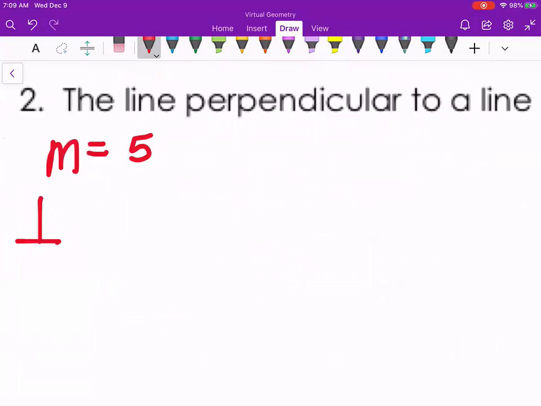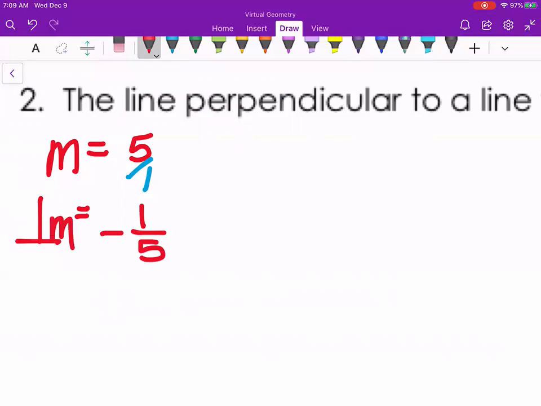Remember, the perpendicular symbol is an upside down T. We don't visually have a fraction yet, but remember whole numbers, you can put them over 1 and there's my fraction. First thing I need to do is sign change, so positive has to become negative. And flip this fraction over. 5 over 1 is now 1 over 5. And that is my perpendicular slope.